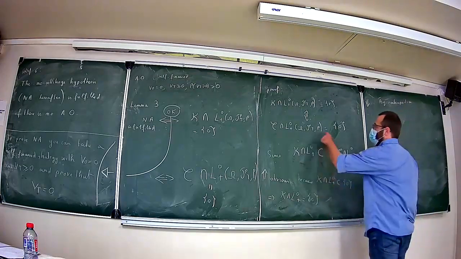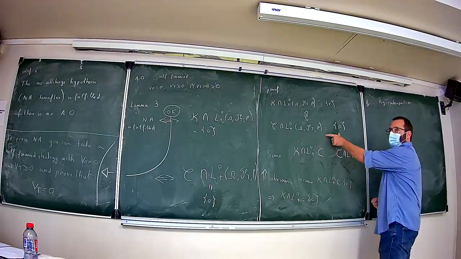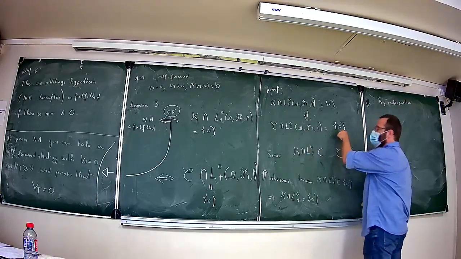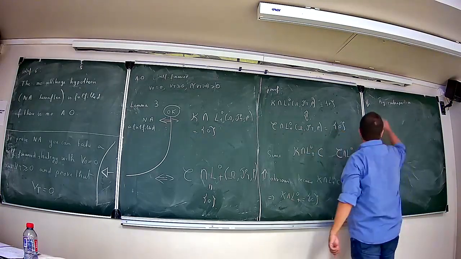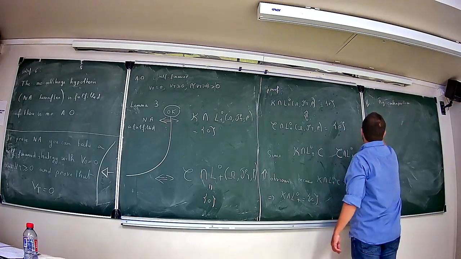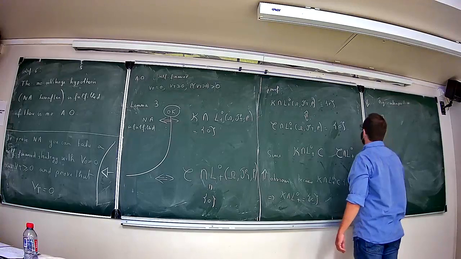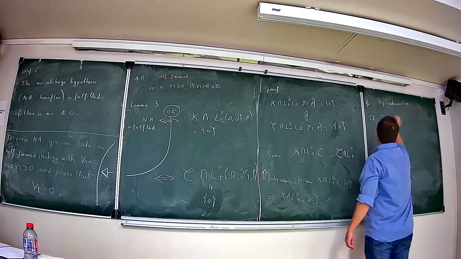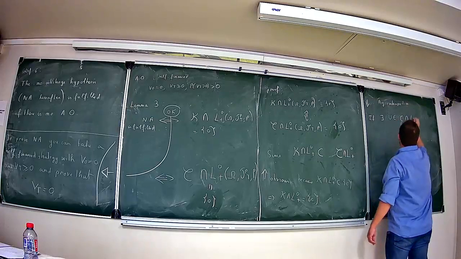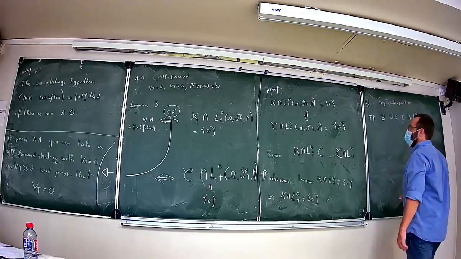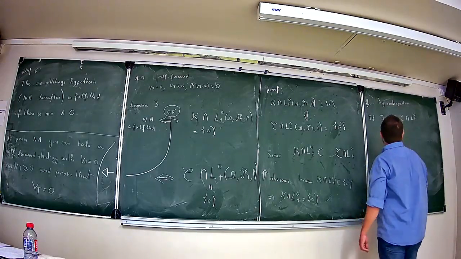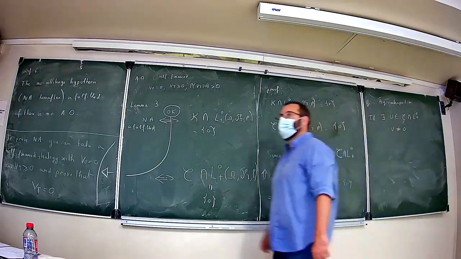So suppose that this is not true, meaning that there exists in this set someone that is not 0. So by contraposition, suppose that there exists U belonging to C intersected with L0 plus, U being different from 0.